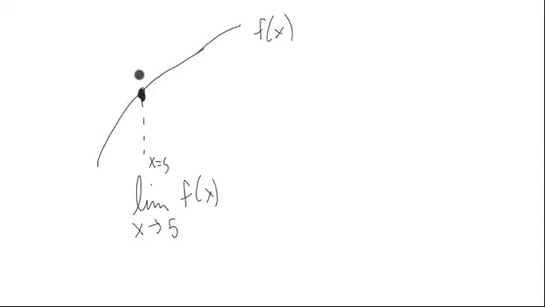So let's suppose that we have a limit of a function as x approaches something like 5. So x approaches 5. We think, okay, we're trying to narrow in. As x gets close to 5, we want the y values of the function itself to be getting close to that point as well.